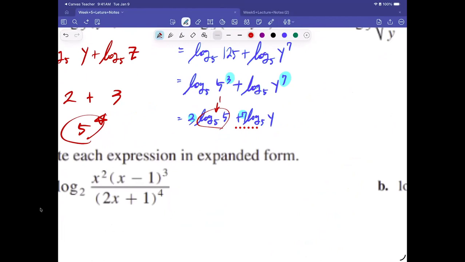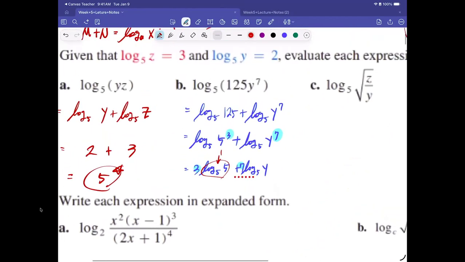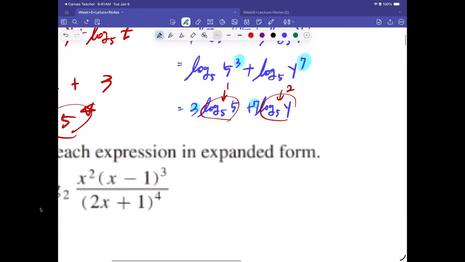And log base 5 of y is 2. So actually they're asking about 3 times 1 plus 7 times 2, which is 17.